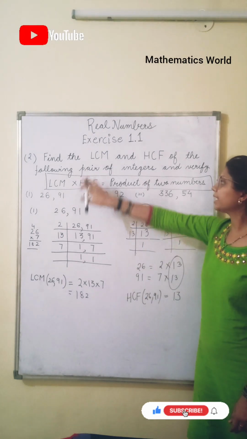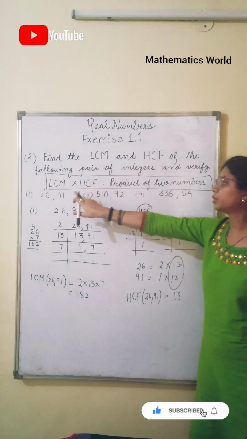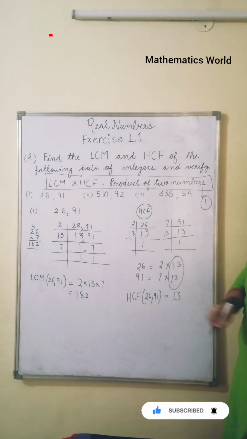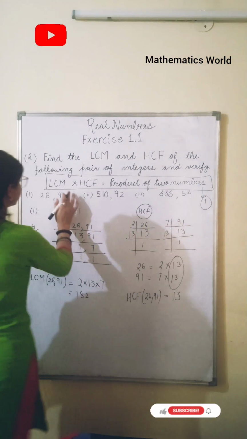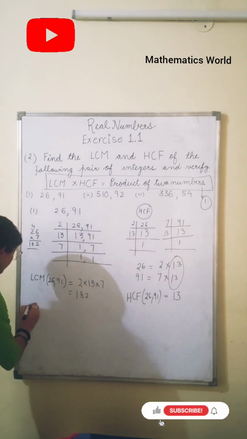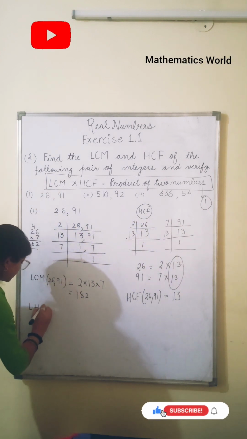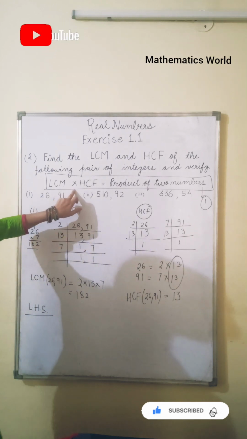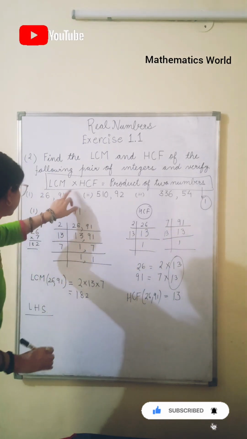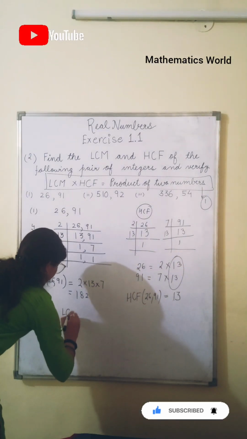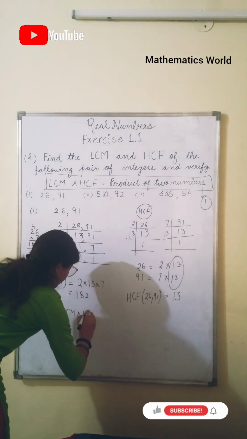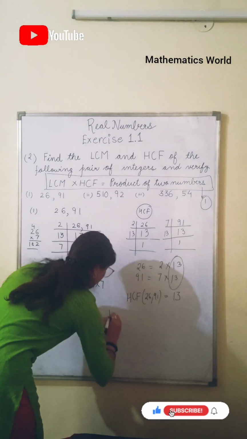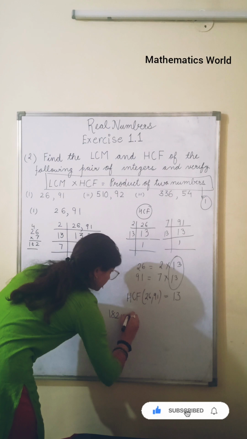Now after finding out the LCM and HCF, we have to verify this property. Let us mark this property as equation number 1. We'll first check what the left hand side of equation number 1 comes out to be. LCM into HCF is equal to 182 into 13.